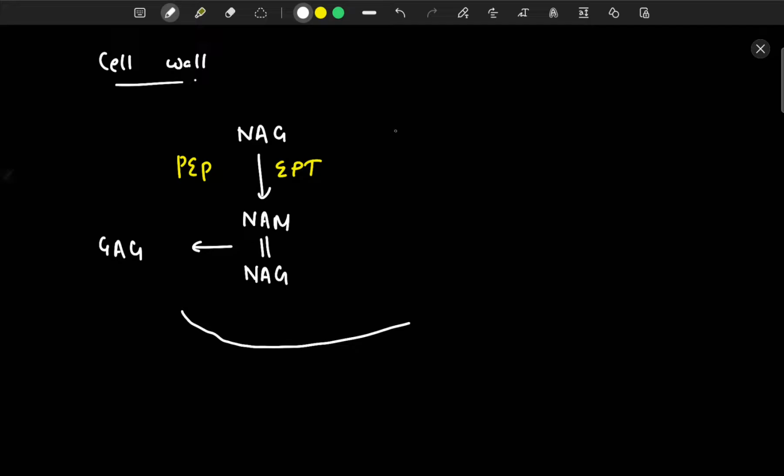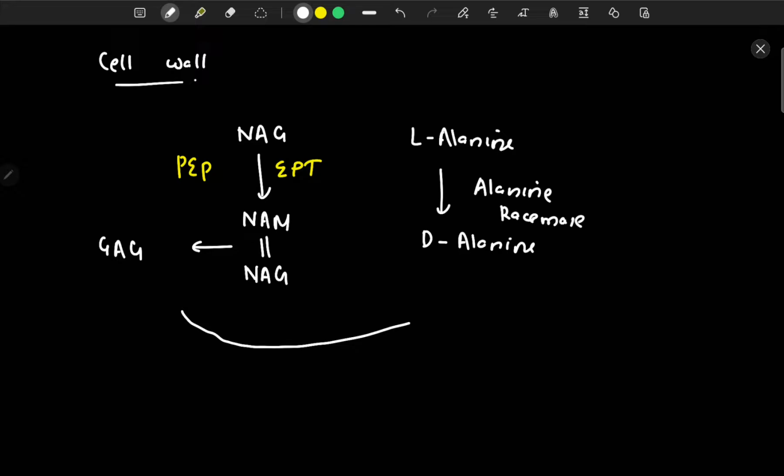Now the peptide part: there is L-alanine that is converted into D-alanine with the help of an enzyme, alanine racemase. So this D-alanine forms a peptide chain with the help of the enzyme alanine ligase.